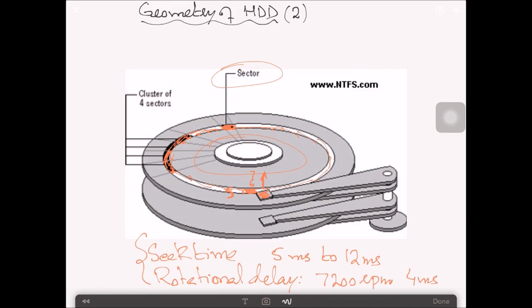If you have understood the concept of the track and the sectors on the track and the read-write head, another important concept is what is known as cylinder.